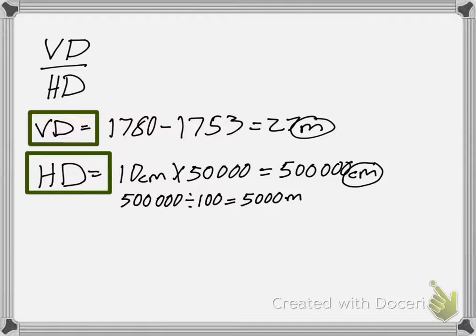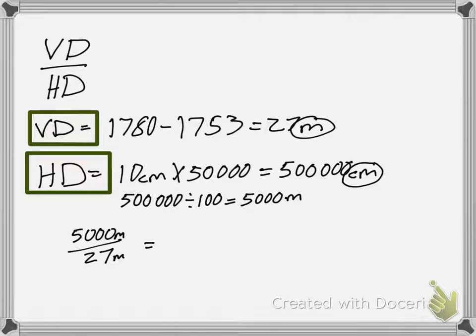Okay, so what's our next step? Now we put this back into the equation, but I'm going to ask you to put your big one at the top. So 5,000 over 27, and we don't have to write meters. We can, but we don't have to because it's the same unit now. And that equals, of course, what do we need to do now?